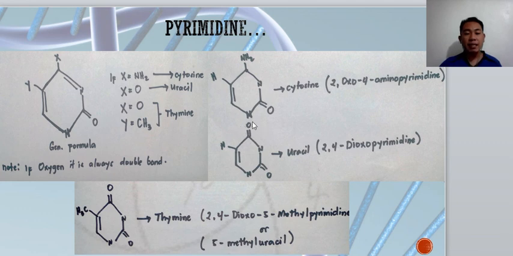If the X is oxygen and it is always a double bond, it will be uracil, and the name is 2,4-dioxopyrimidine. Lastly, if the X is oxygen and the Y is CH3, that base is thymine, known as 2,4-dioxo-5-methylpyrimidine, or 5-methyluracil.